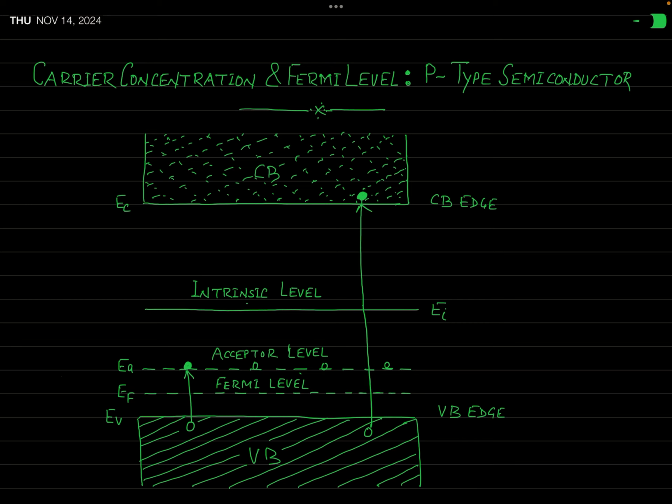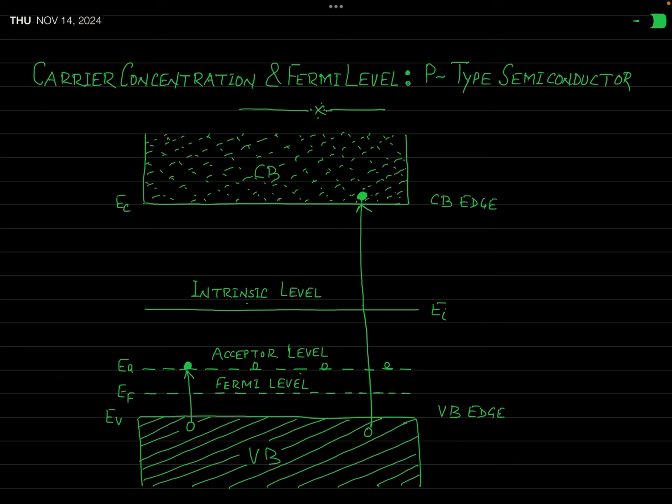This problem of calculation of carrier concentration and Fermi level for P-type semiconductor can be treated in the same way as that you have treated the problem for N-type semiconductor. So using the ideas utilized in the previous lecture, we will calculate the carrier concentration and Fermi level for the P-type semiconductor.